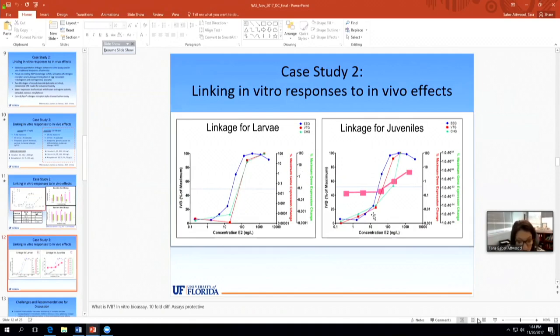And in fact, the in vitro assay shifted a little bit to the left, more sensitive by approximately tenfold. For the juveniles, you can see that the sex ratio is also graphed on here. But again, the take-home message is if you're using, say, the EC50 for a threshold, you are below the threshold where you would actually see in vivo effects.